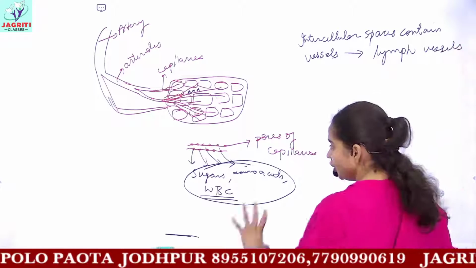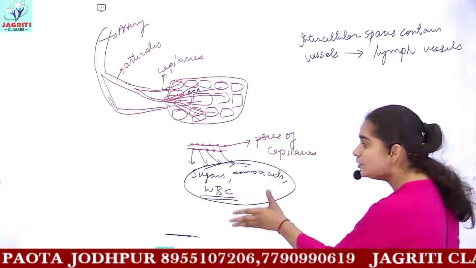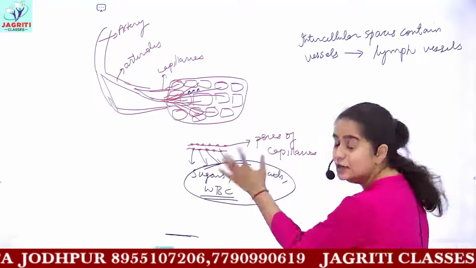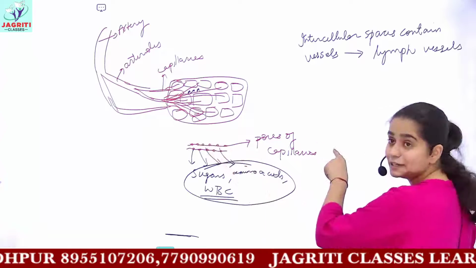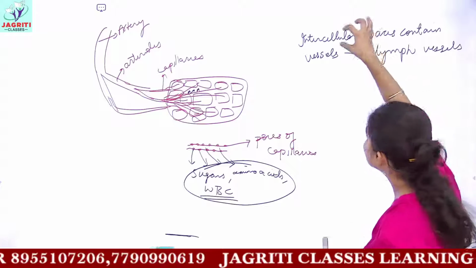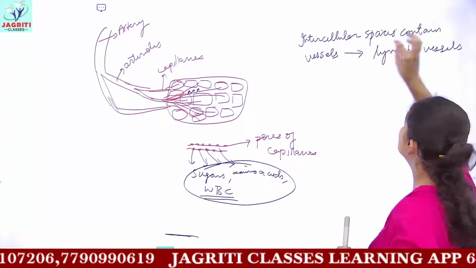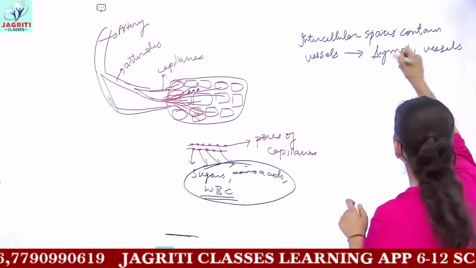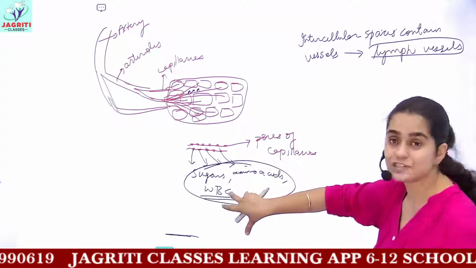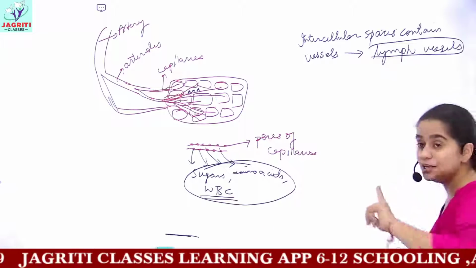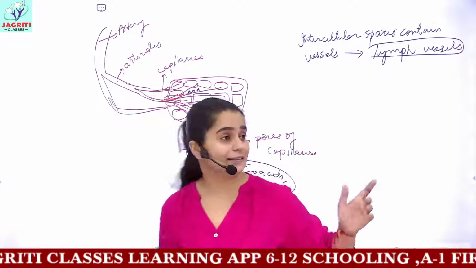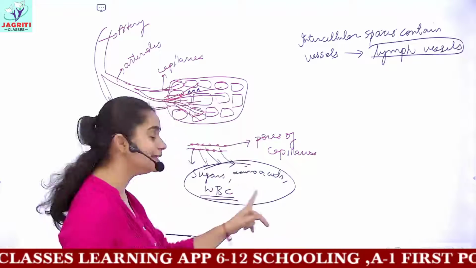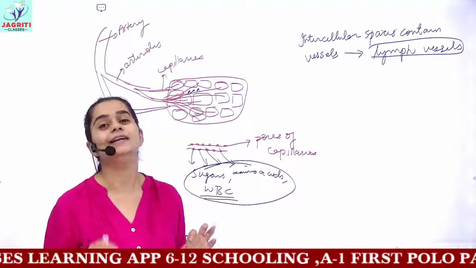All these substances get filtered out from the blood when it flows through the capillaries into the intercellular spaces of tissues, and they enter the lymph vessels, and in turn the fluid containing all these things is called lymph.